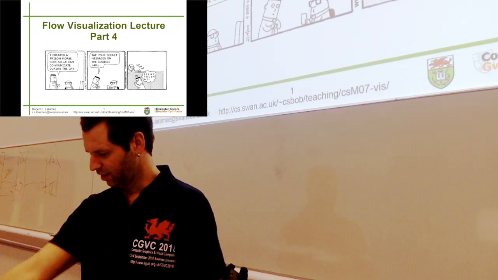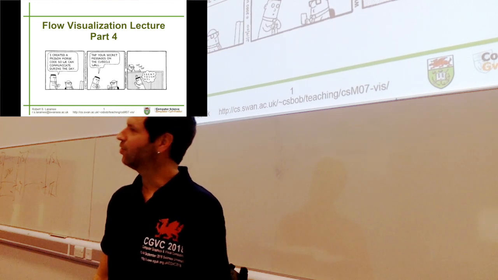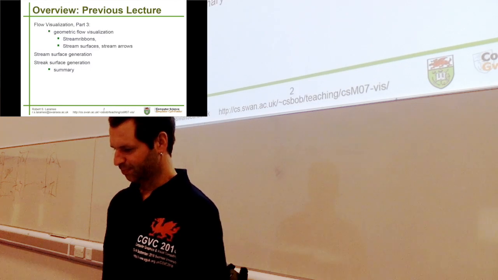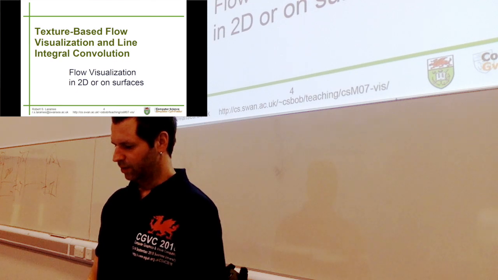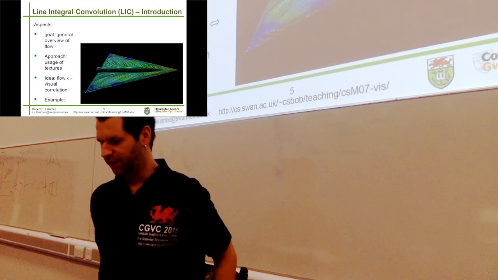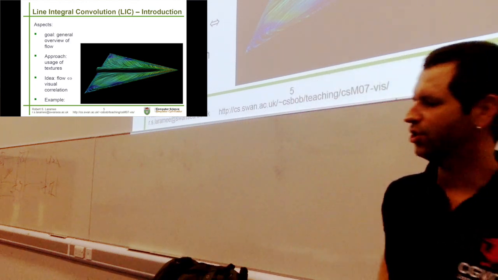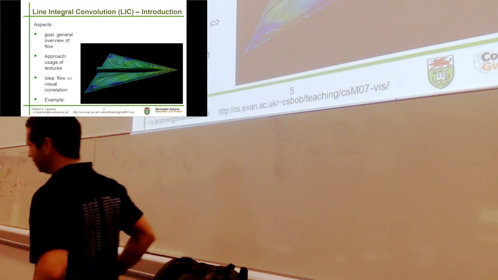So let's look at this texture-based flow visualization in some more detail. Here is an introduction to one of the first texture-based flow visualization techniques, Line Integral Convolution it's called.